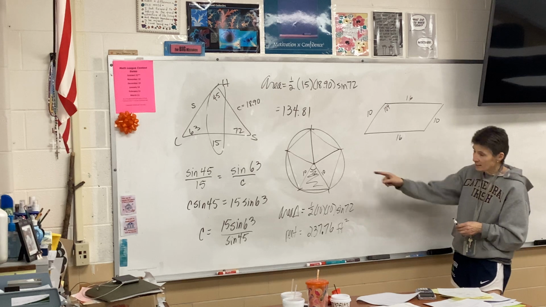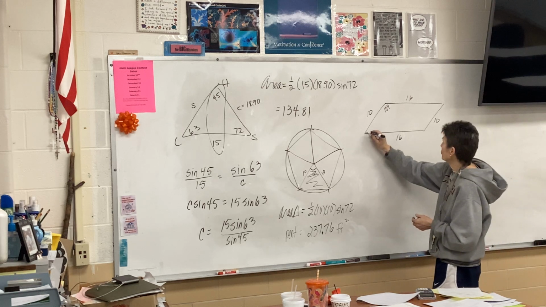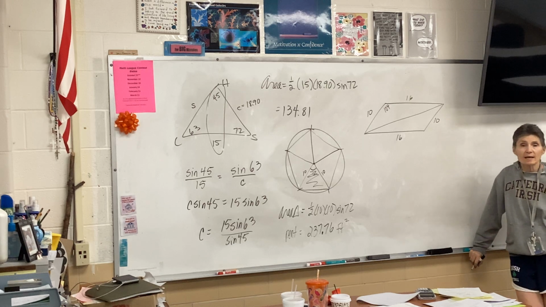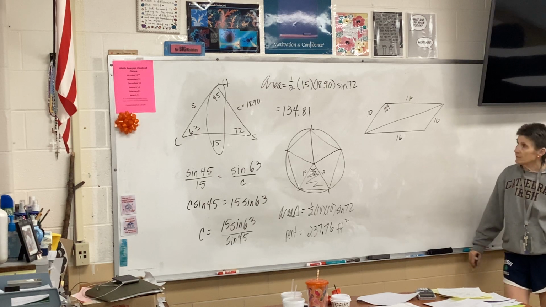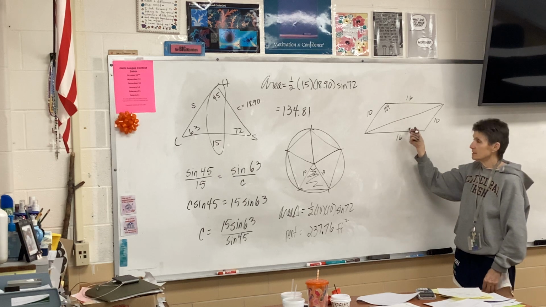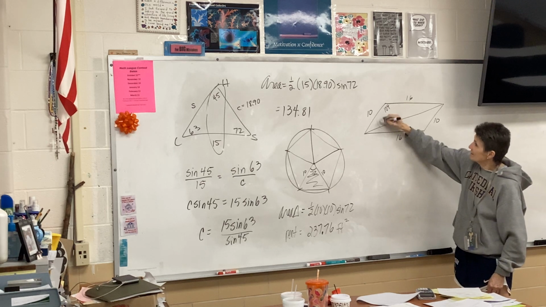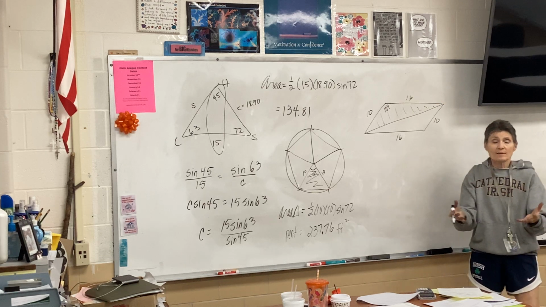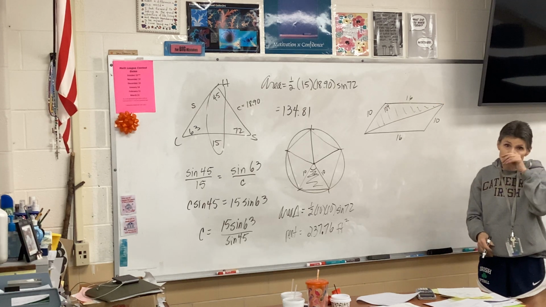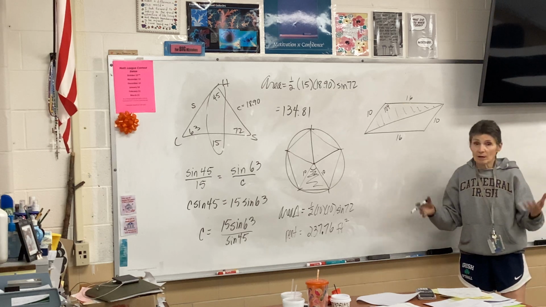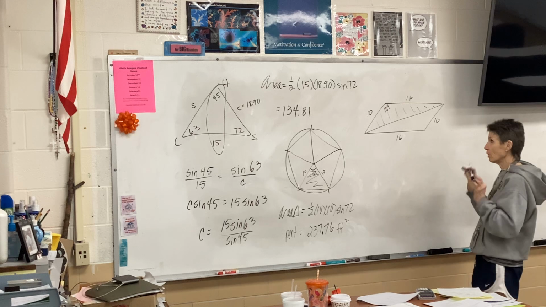So I'm going to do what I did right there. I'm going to split this thing up into triangles. And the easiest way to do that is just to draw in that diagonal. This is a triangle that's exactly congruent to this one. So if I could find the area of this triangle, I'll just double it, and that will be the area of my parallelogram.